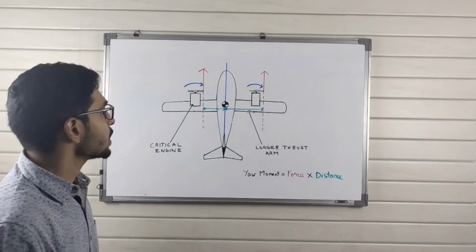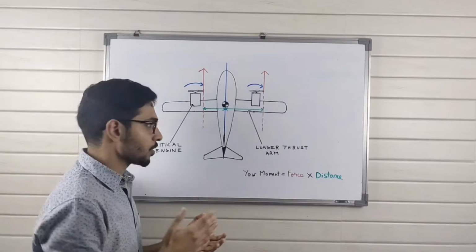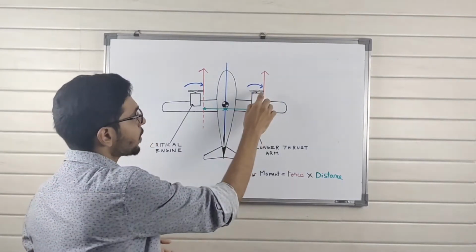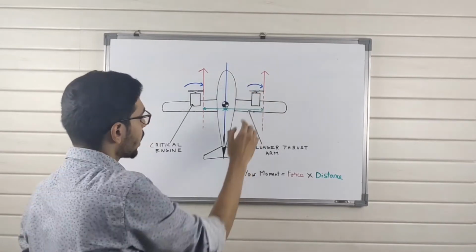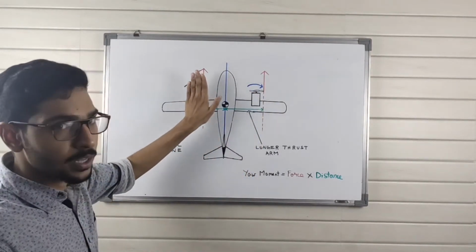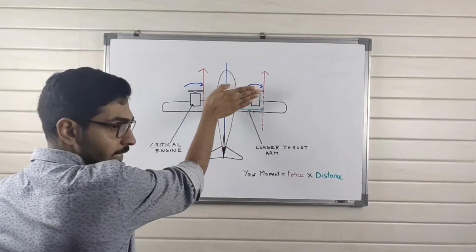So if we consider the right engine to fail, for example due to some reason, the yawing moment here will be 0 due to the thrust force being 0. You will still have some yawing moment here, as a result of which the aircraft will yaw to the right.